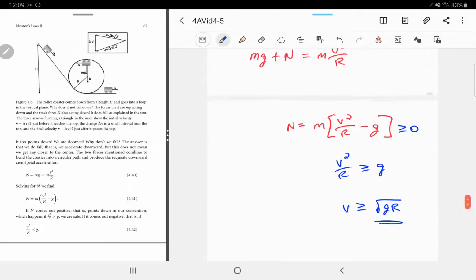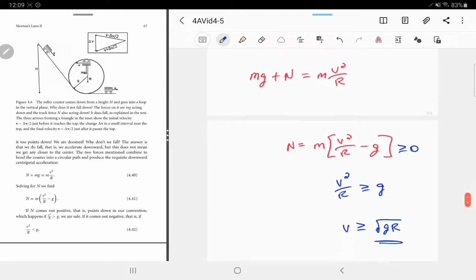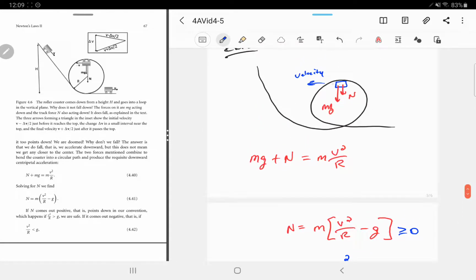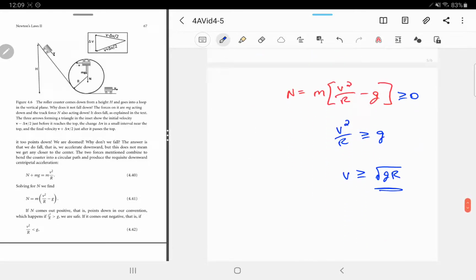It could go faster than this, in which case a non-zero normal force is required to keep it going along that circular path. Otherwise, it will pierce through the circle, because it's going too fast to maintain that circular motion. So the normal force is just whatever it needs to be so that this thing doesn't crash into the loop. But yes, it has to be going a certain minimum speed.